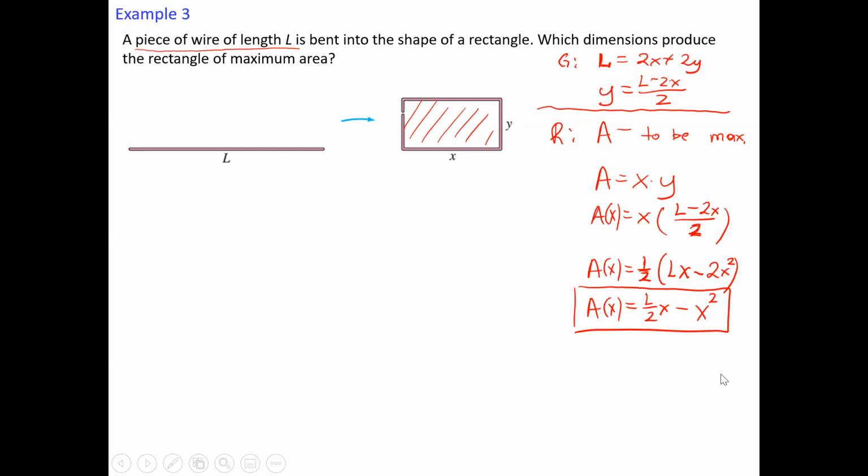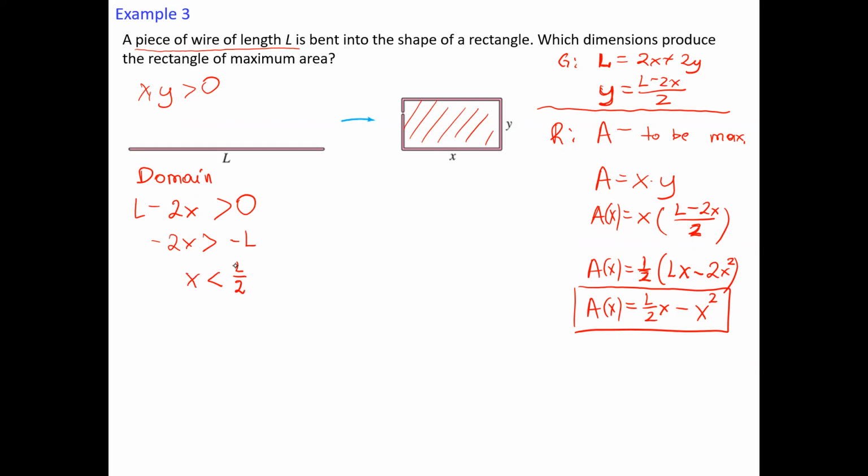Okay, what restriction we have? X and Y are definitely positive. That means looking at this restriction L minus 2x, that will be the domain, must be greater than 0, must be also positive because X and Y is positive and we have definition of Y. Then when I solve this for X, minus L and divide by negative 2, it will be negative over negative.